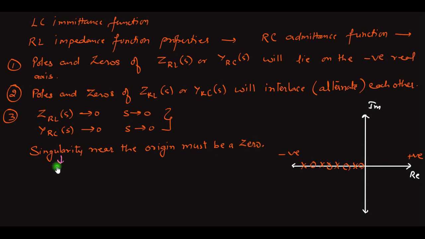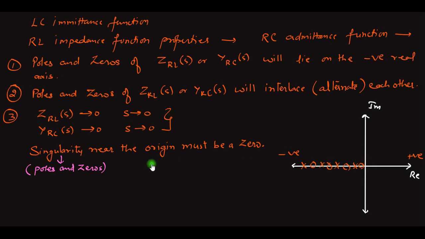This singularity means all the poles and zeros. Among all the poles and zeros of this ZRL or YRC, there must be a zero which should be closer to the origin, and as can be seen from this pole zero plot, there is a zero which is closer to the origin.